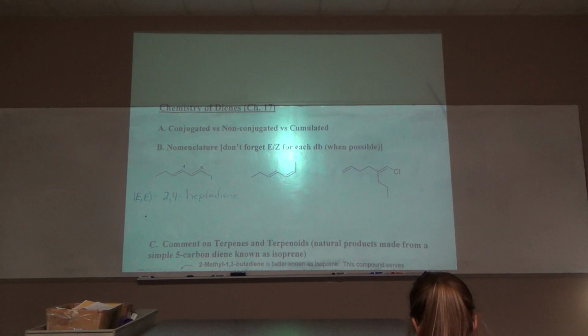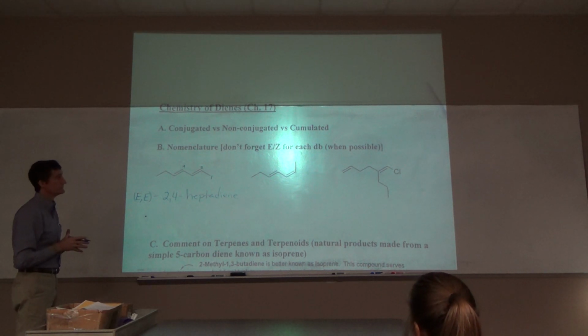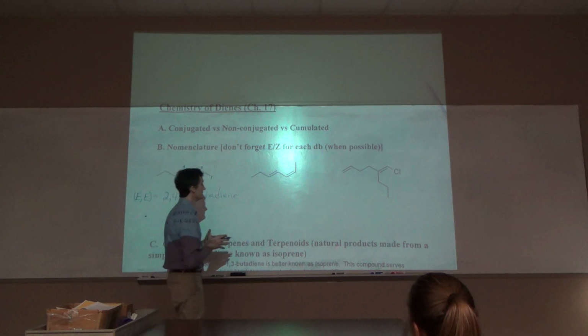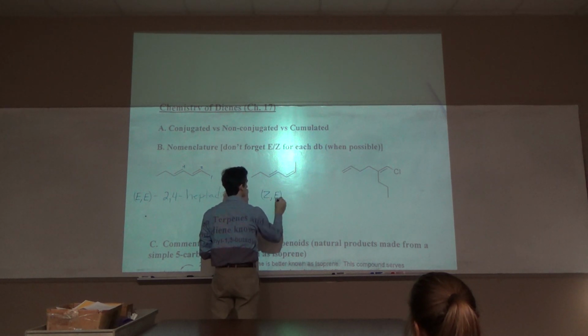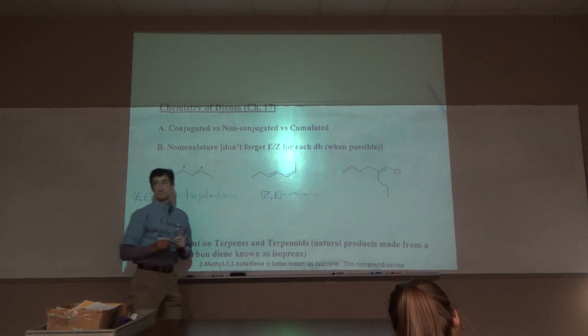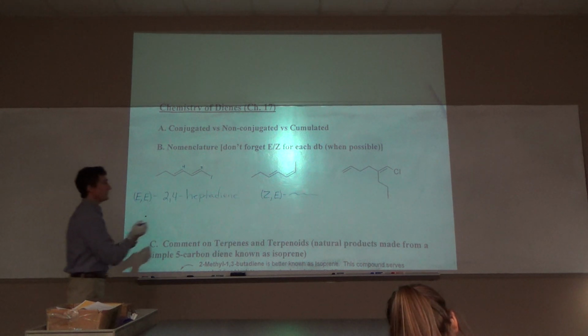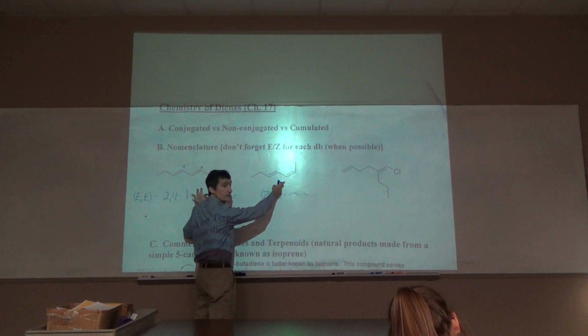What's the name of the next compound? The only difference is what? Same exact name. That's because these two are just stereoisomers. Same exact name, right? Everybody see it's the same exact name?